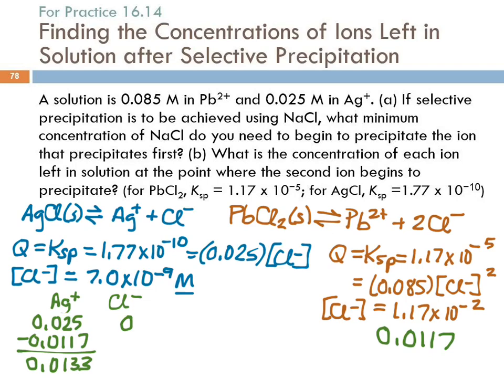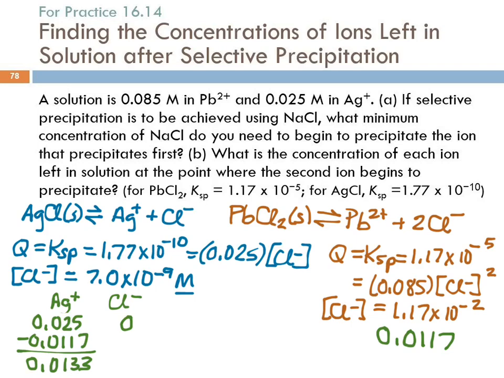So if it all reacted, this is how much silver we would have left. If all of this chloride reacted with the silver, that's how much we would have left. That's where you stop adding chloride. We added chloride to that point, and now the lead will just begin to precipitate, but at this point, this much of the silver remains.